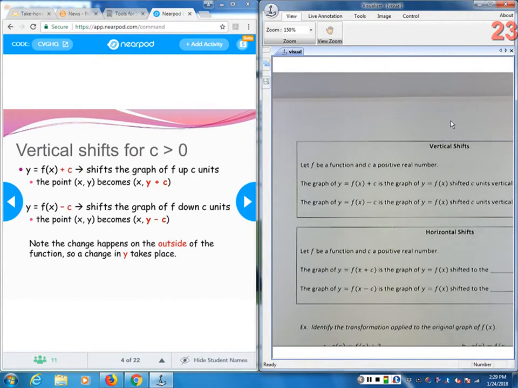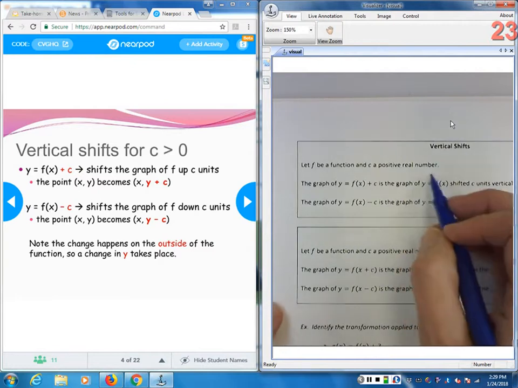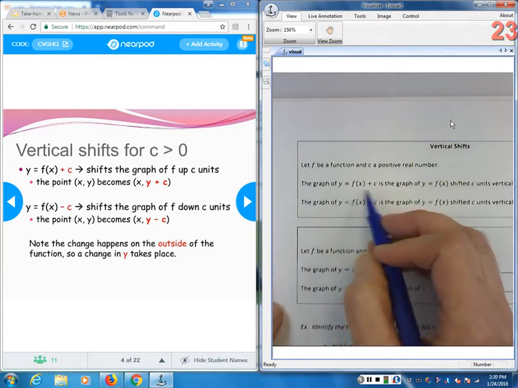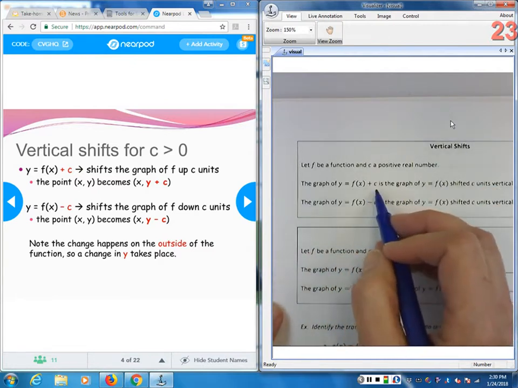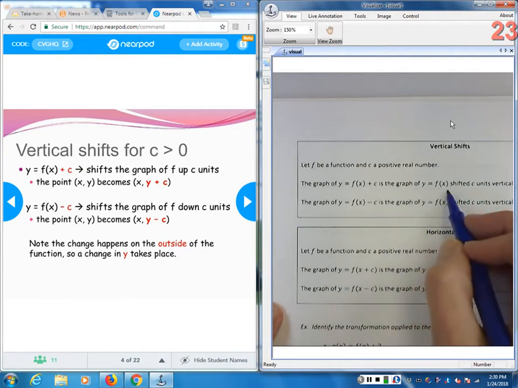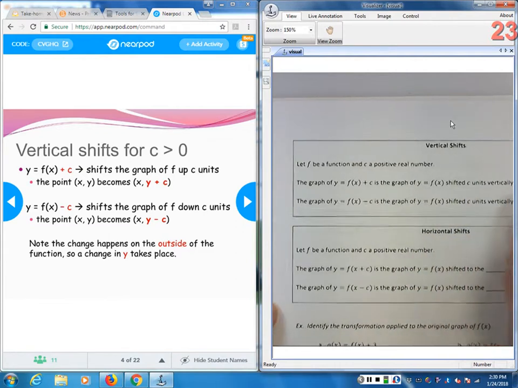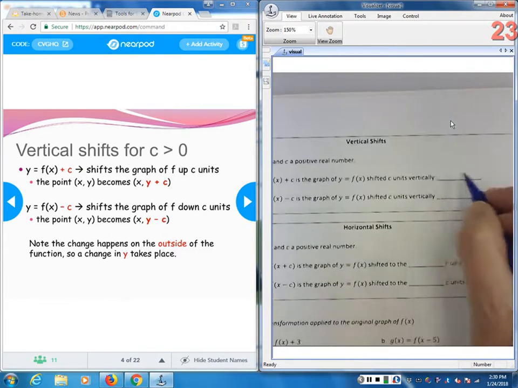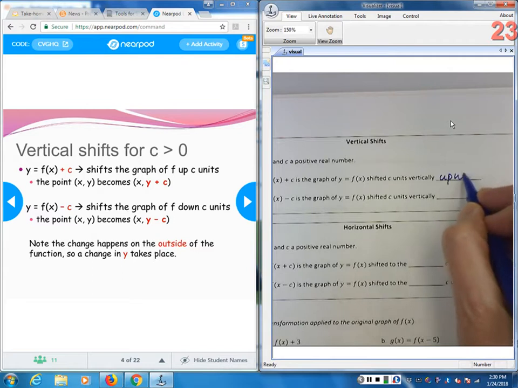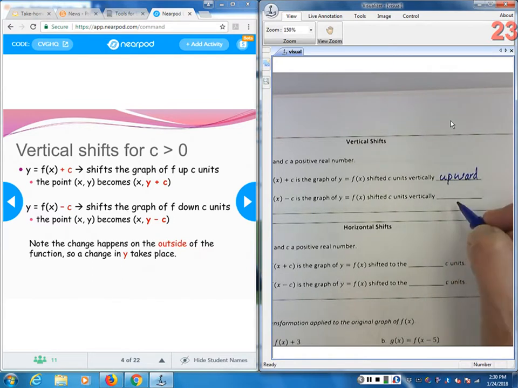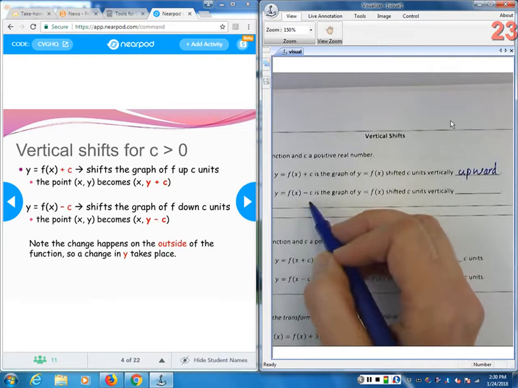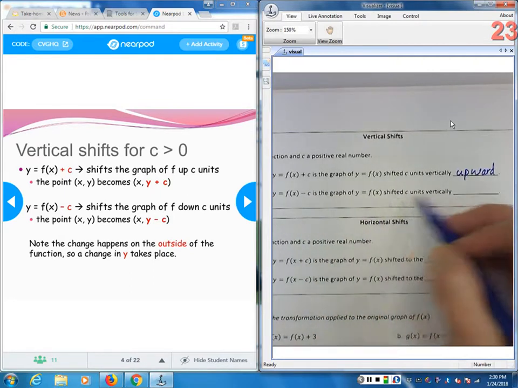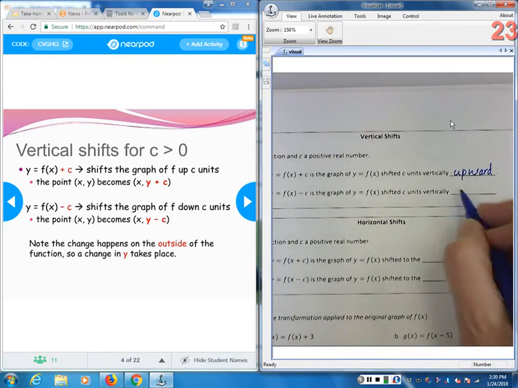If f is a function and c a positive number, the graph of y equals f of x plus c is the graph of y equals f of x shifted c units vertically upward. And the graph of f of x minus c is the graph of y equals f of x shifted c units vertically downward.